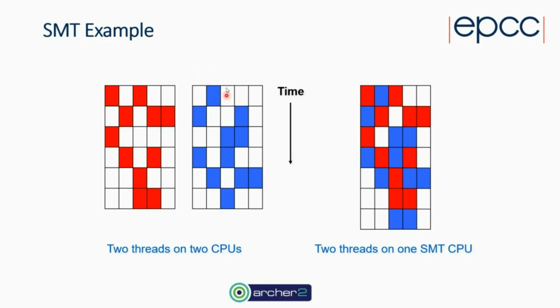And then each row here is a clock cycle. So this is the first clock cycle and second clock cycle and third clock cycle and fourth clock cycle.